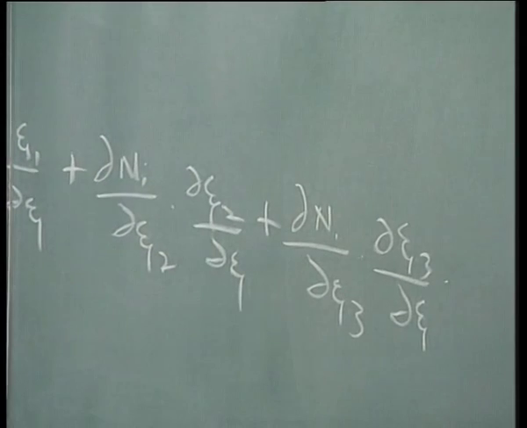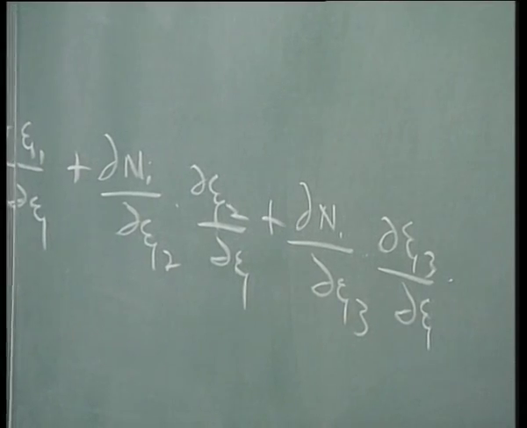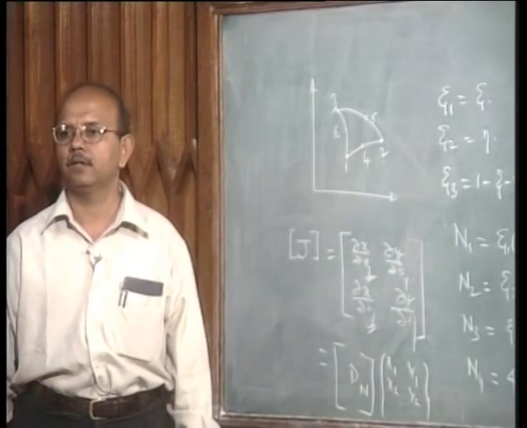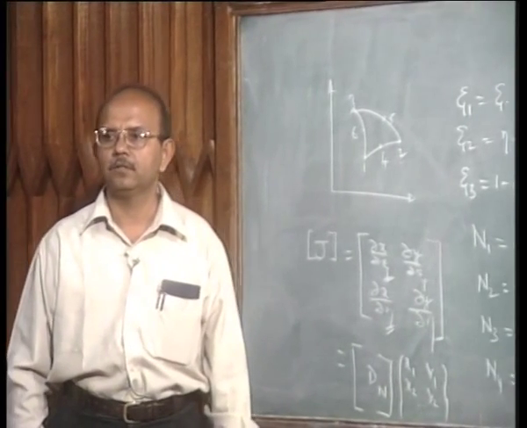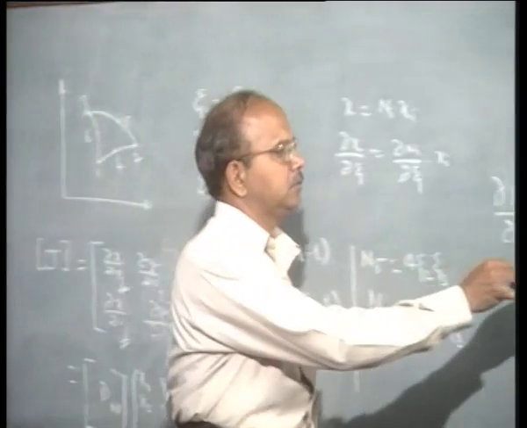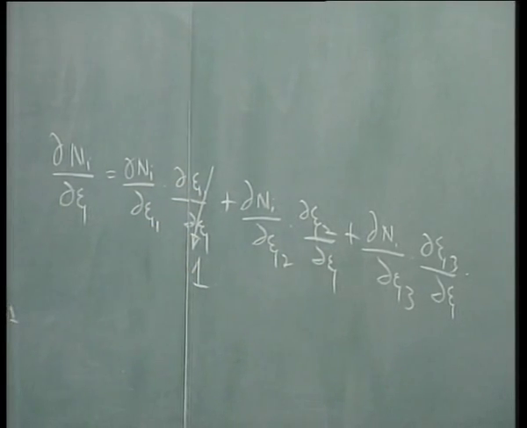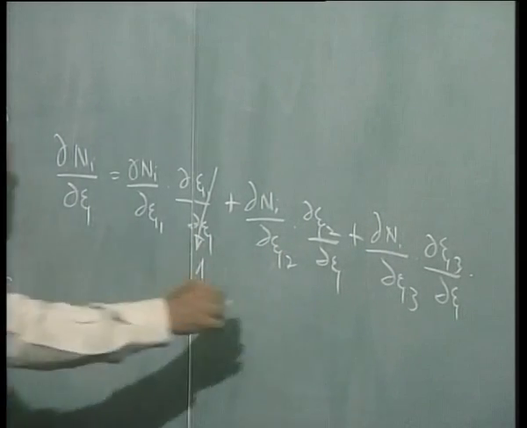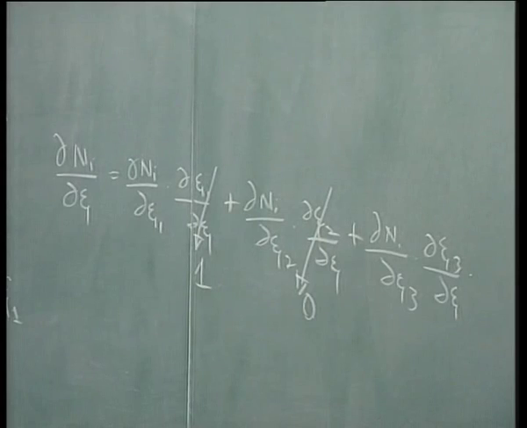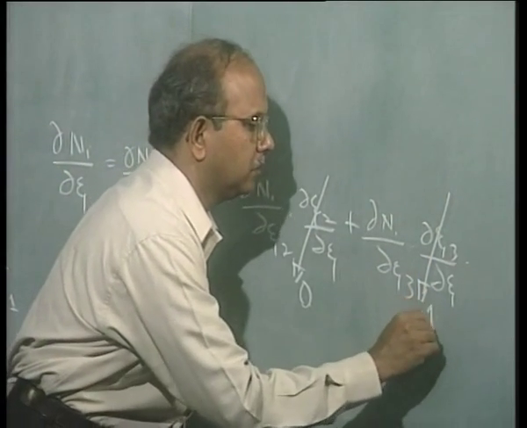So that's what you have. Now how do I calculate dou psi 1 by dou psi? I have the relationships here. So dou psi 1 by dou psi becomes 1, dou psi 2 by dou psi becomes 0, and dou psi 3 by dou psi becomes minus 1.